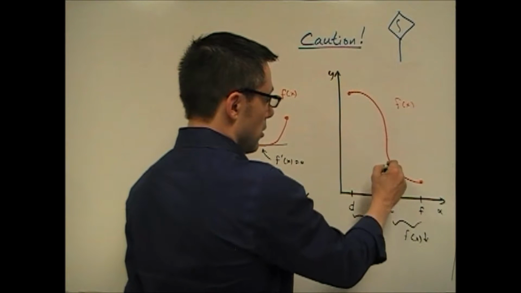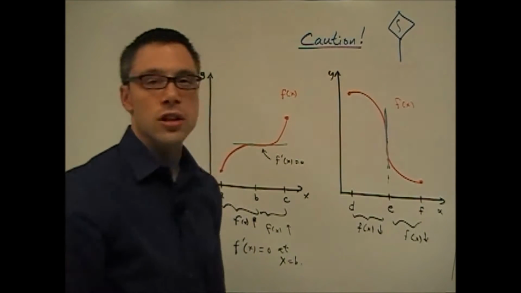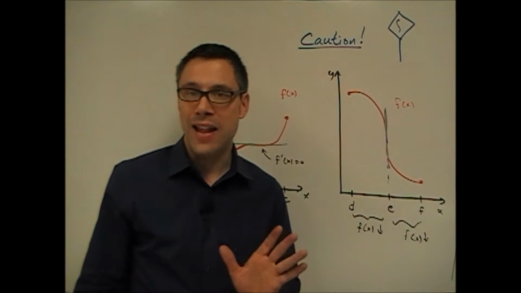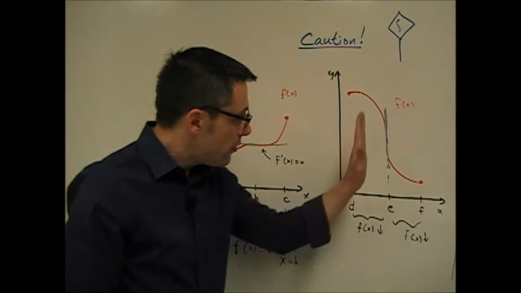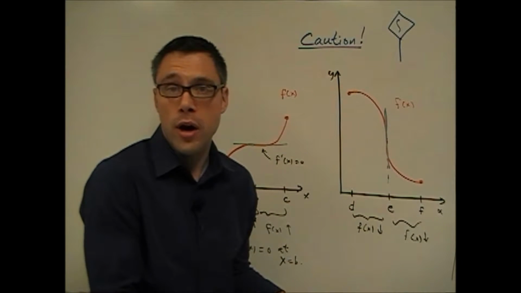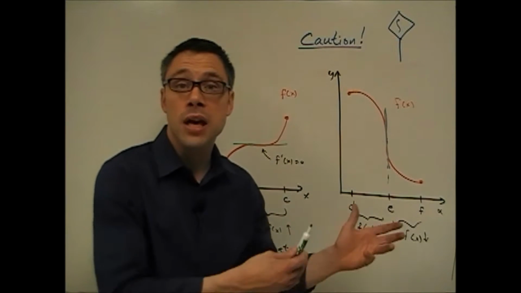If I look at the tangent line at E, hey, look, I've got a vertical tangent line there. Vertical tangent line means the derivative does not exist at that point. But even if the derivative doesn't exist, it still does not indicate that there is a transition point going on here. It does, however, indicate that something critical happens in the behavior of the function.